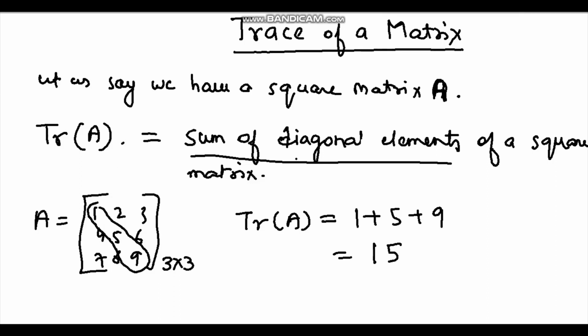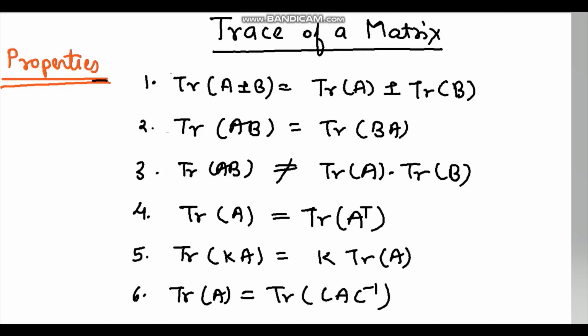Next we will see some properties of the trace of a matrix. Our first property is trace of A plus or minus B is equal to trace of A plus or minus trace of B. We can individually add it.